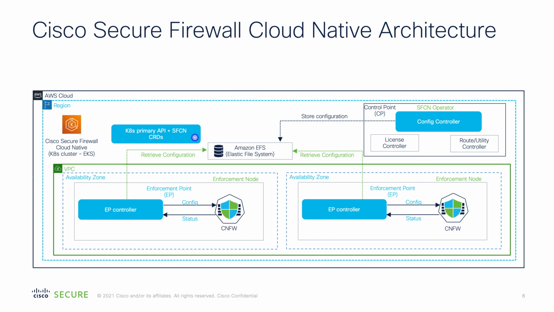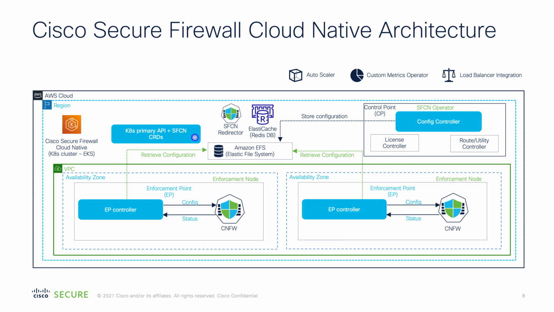Our entire configuration is stored in Elastic File System, or EFS, and configuration of this architecture is done using multiple components. But when I talk about auto scale, our EPs can auto scale based on custom metrics when we have integration with load balancers as well.